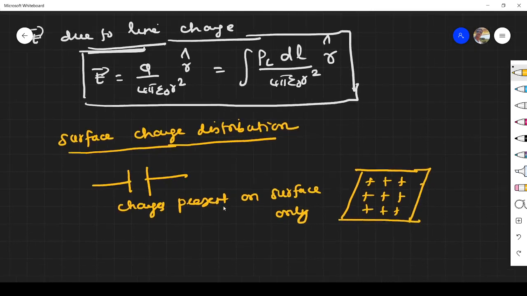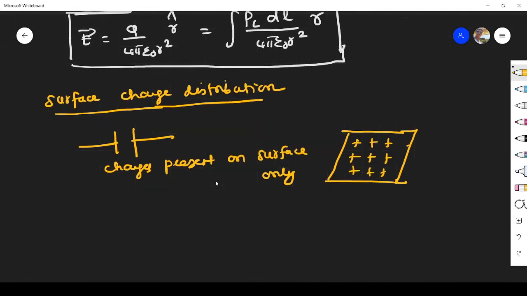We can also see the conductors of a transmission line. There also we can model the charge distribution as a surface charge distribution.